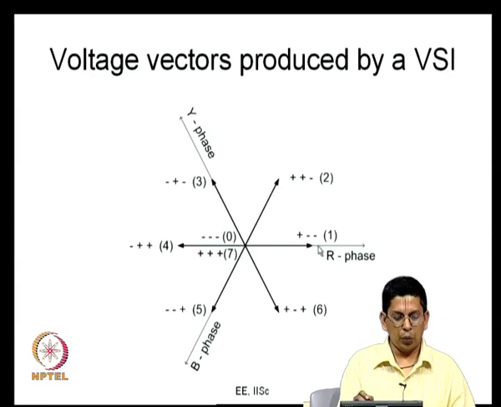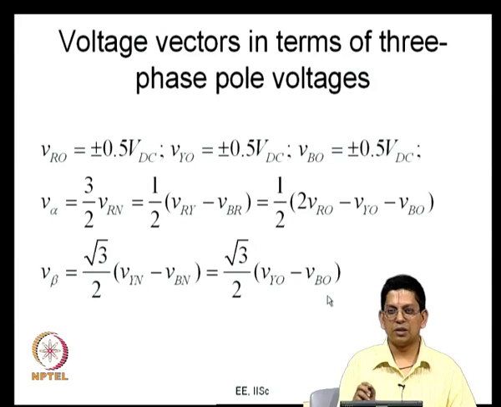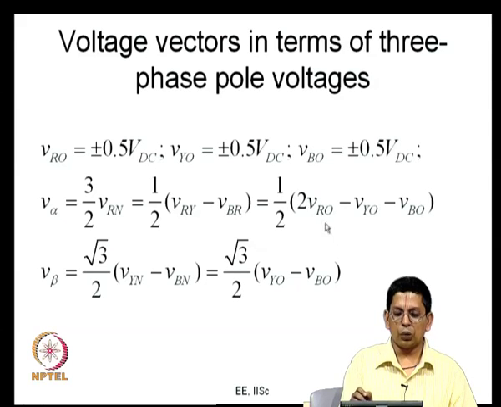Since VYO and VBO are equal to minus VDC by 2, you can see from the previous slide that V beta is 0. So, it is only V alpha, and you have VRO equal to VDC by 2, therefore this becomes VDC. Here it is all minus VDC by 2 and minus VDC by 2. So, it adds to 2 VDC and half of 2 VDC is simply equal to VDC.